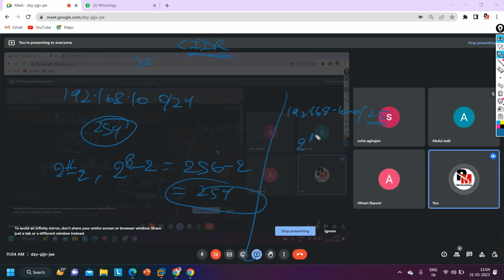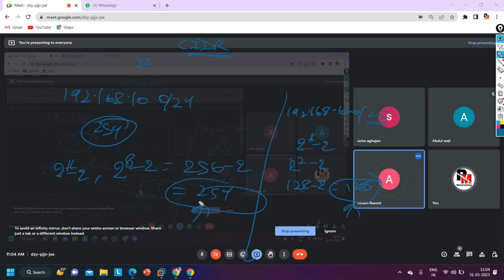So 2 to the power 7 minus 2 is 128 minus 2, which is 126. Valid hosts in one network is now 126, where before it was 254. That means we are dividing a large network into smaller networks.